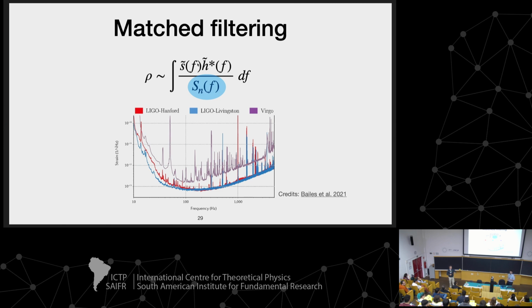Sure. Last question. How do we differentiate if the gravitational wave signal came from neutron stars or black holes or other events? Yeah, thank you for the question. So basically, the best option would be to measure tidal deformability.